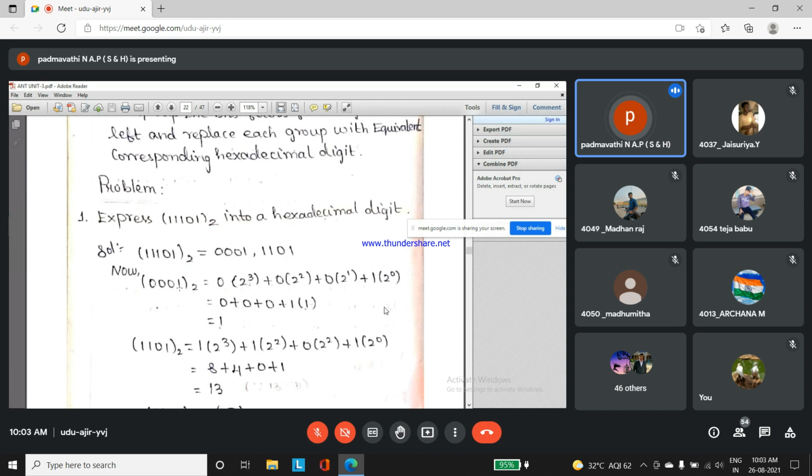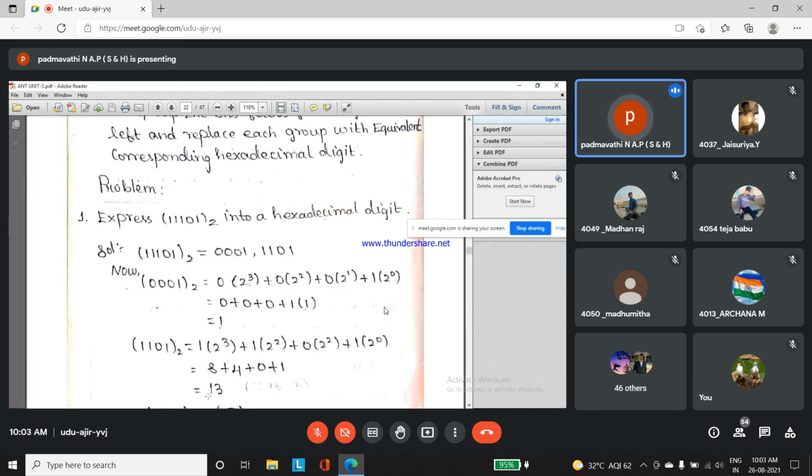So 0001 base 2 is equal to 0 into 2 power 3 plus 0 into 2 power 2 plus 0 into 2 power 1 plus 1 into 2 power 0. Simplify, and the answer is 1. Next, the binary number 1101: expand it as 1 into 2 power 3 plus 1 into 2 power 2 plus 0 into 2 power 1 plus 1 into 2 power 0, which is equal to 13.